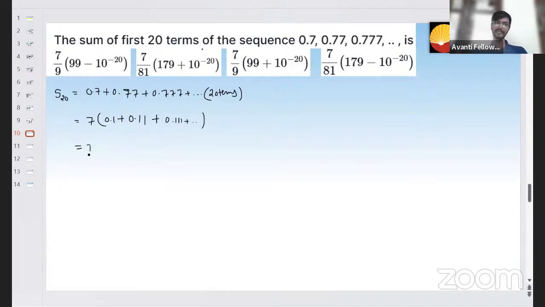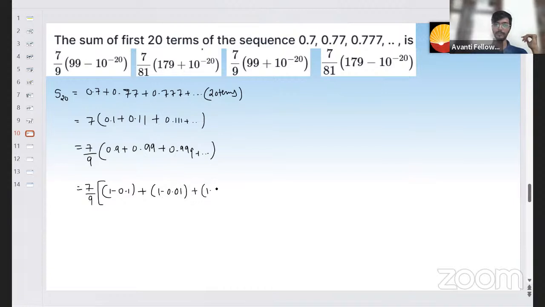And we multiply and divide by 9. So I'll get 0.9 plus 0.99 plus 0.999 up to 20 terms. So what we can do now here is, do you remember, we can write 0.9 as 1 minus 0.1 plus 1 minus 0.01 plus 1 minus 0.001 up to 20 terms. So that means I'll get 7 by 9.